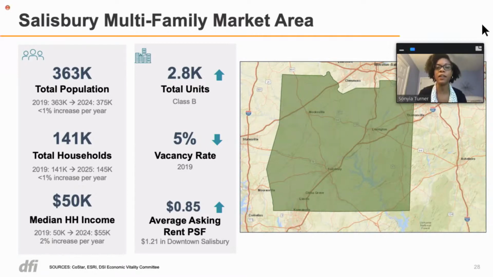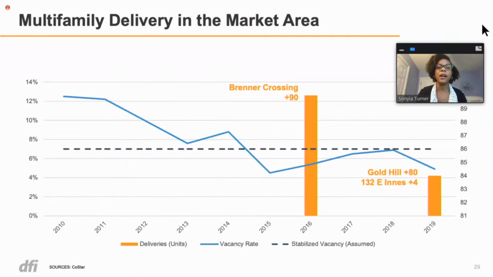And I'll touch on that a little more later. So we find that multifamily delivery in the market area has been modest, and that the newer product that has come online has been predominantly affordable or income restricted.